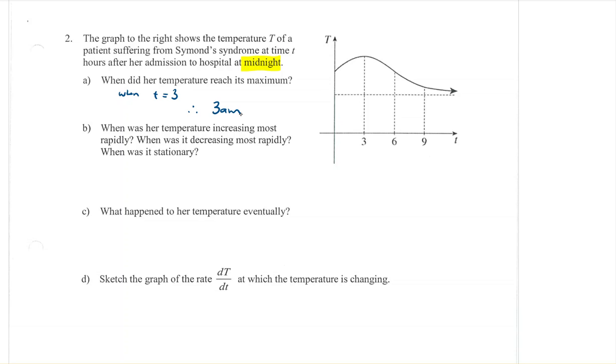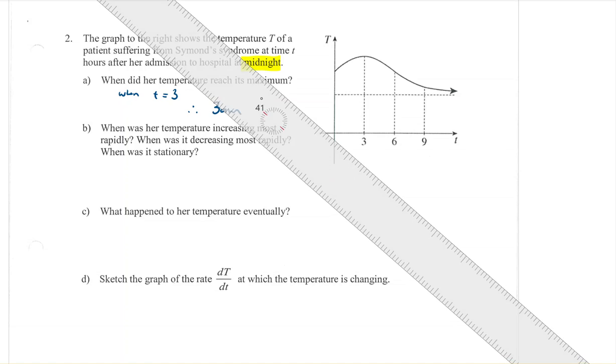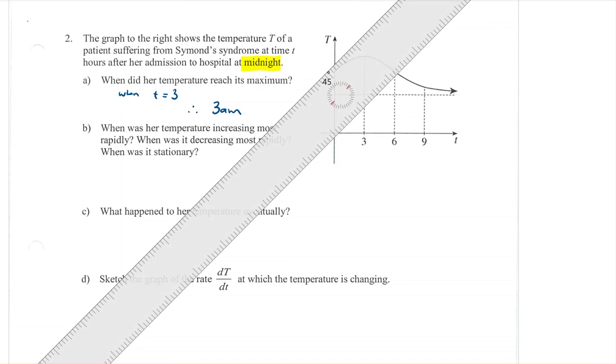Part B, when was her temperature increasing most rapidly? Let's do that one before I read the second half. Increasing most rapidly. So remember, that is talking about the rate at which it's increasing, the tangent we're talking about here, the slope. So if I grab my ruler and it says increasing, I'm not interested in all those negative gradients on the other side of that turning point there.